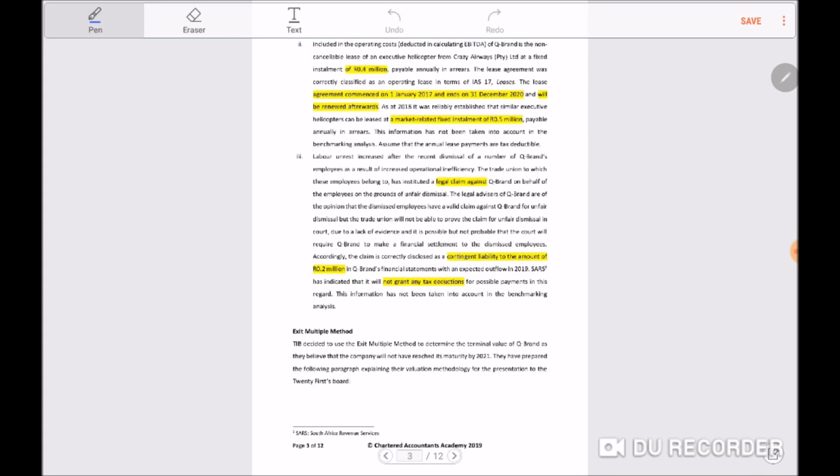If you go back to the scenario, we were told about this list. So in our agreement that commenced from 1 January 2017, which is ending in 2020, we are paying 0.4 million, and we expect to renew this lease after it expires.